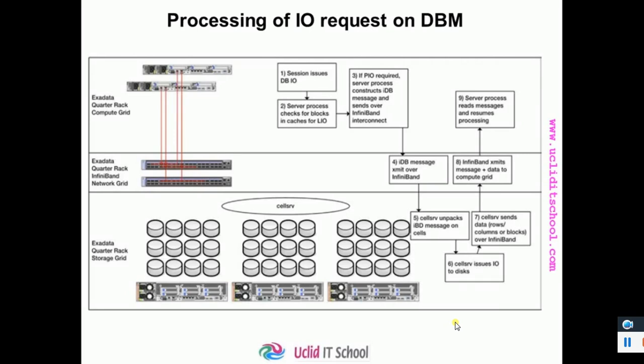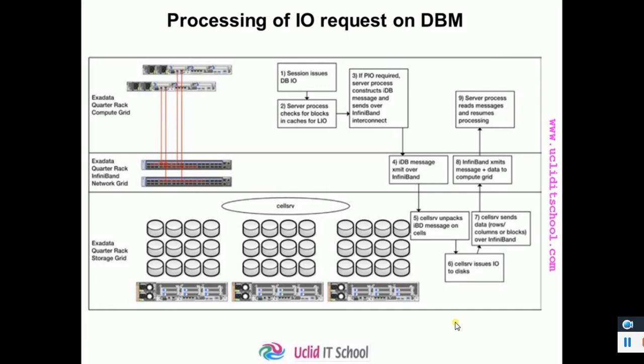In Smart Scan, every block is scanned at the storage server level itself, and only the matching rows from the block are sent back to the database server instead of transmitting the entire block. That is the essence of Smart Scan. SQL processing and block filtering happen at the storage server level, and only the matching rows are transmitted to the database server.